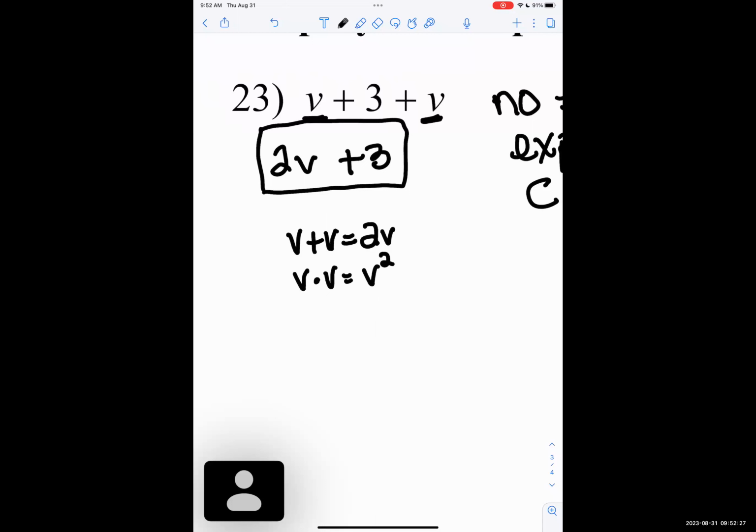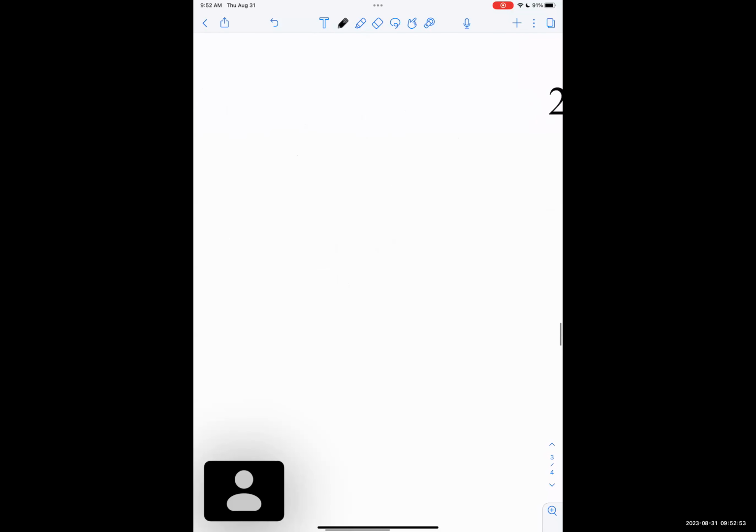When you add, you get a coefficient, the big number in front. When you multiply, you get an exponent. And this concept shows up again and again in your little attendance quizzes. So practice a little bit, because you guys are headed towards advanced algebra next year.